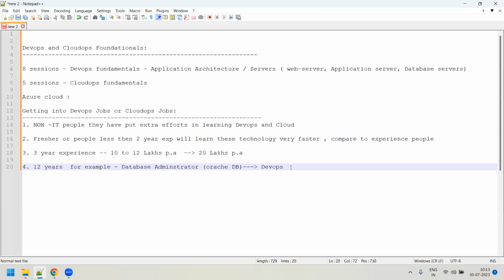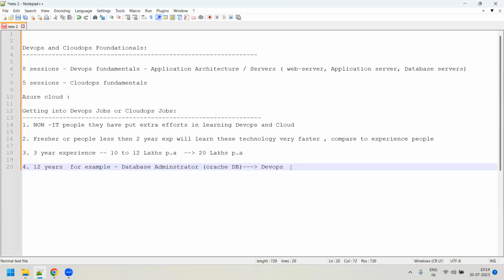And some people who have been working as developers for a very long time feel, let me switch into a new domain where I can explore many things. That is also one of the reasons. When developers work, they also use a lot of DevOps tools like Docker, Kubernetes, and Jenkins, and they take interest because it provides a lot of automation.